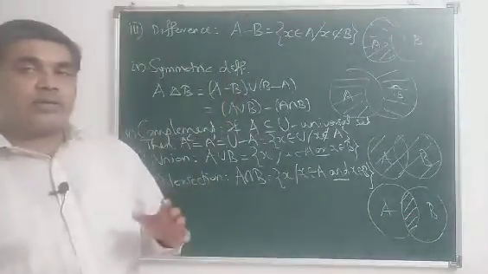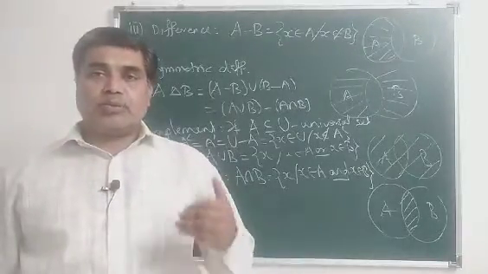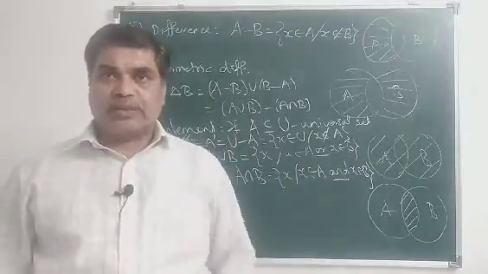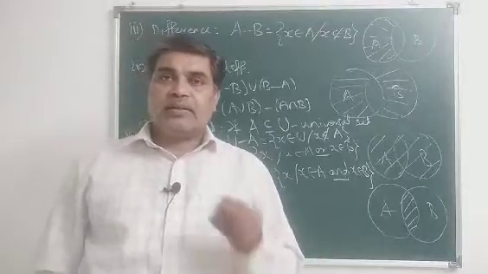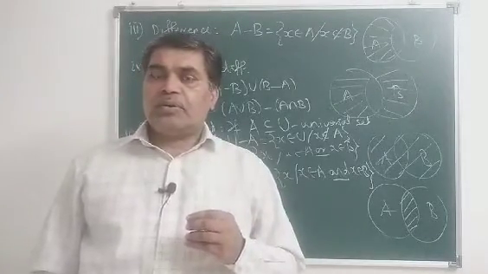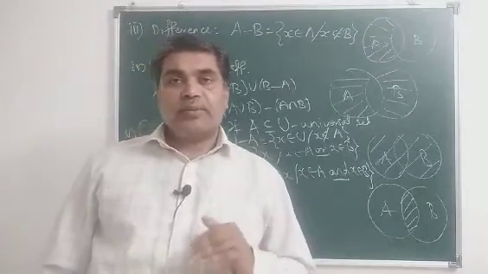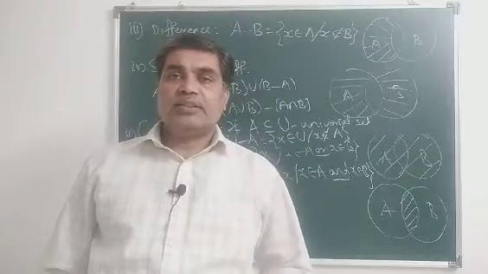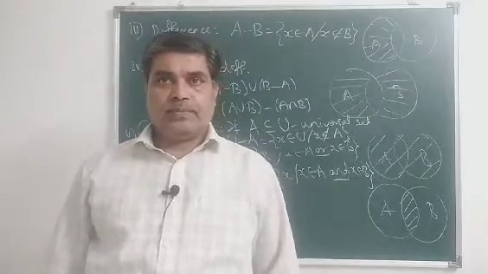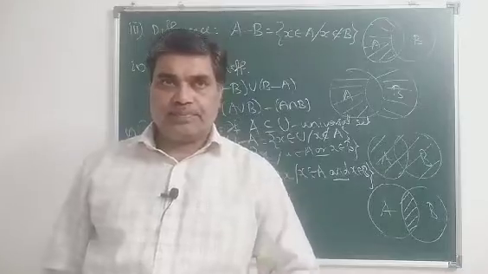While defining an operation, if you require two elements, then it is known as binary, and if the operation is defined using only a single element, then it is known as unary. This is the difference between binary and unary.